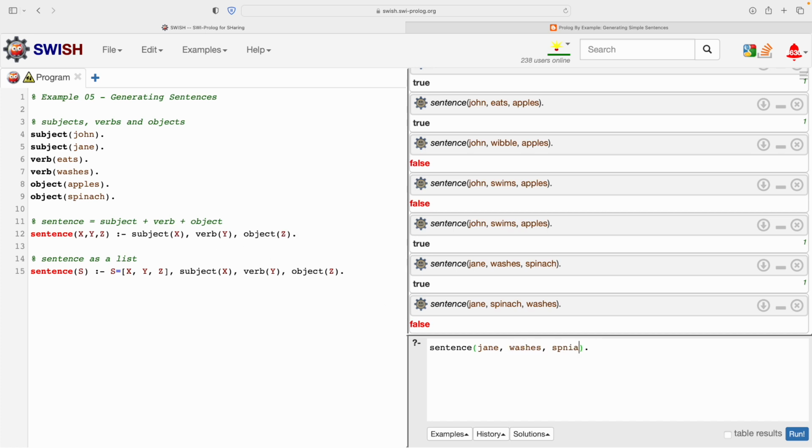So that's cool, but we can do more, and this is one of the benefits of Prolog programming, is that if you define the scenario, the universe, the problem sufficiently well, then not only can you test whether things are true, you can use that same definition to create examples of things that can be true.